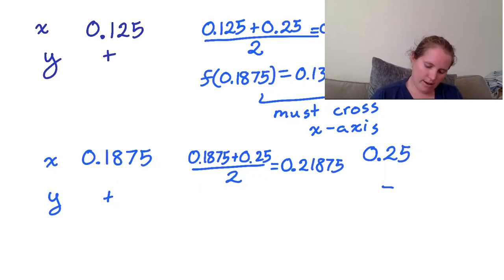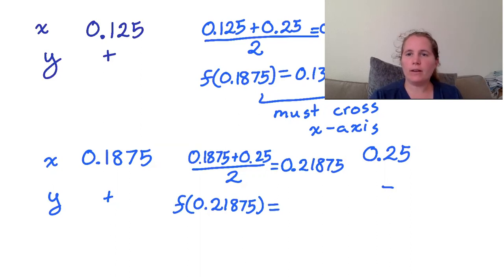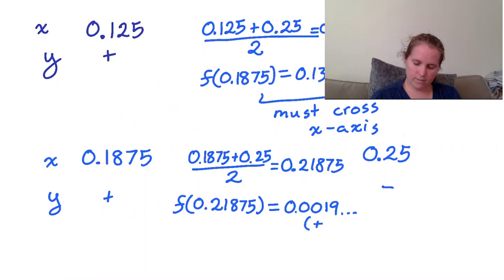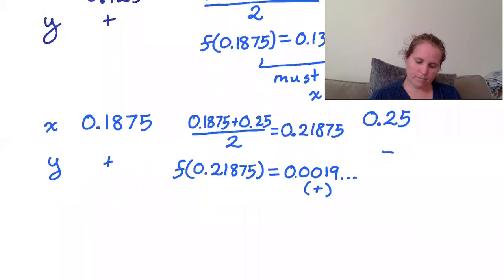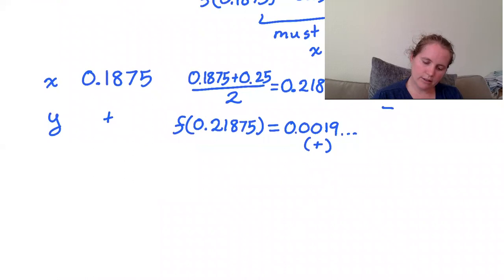And if we find that y value, we are now looking at a y value of 0.0019. So once again, still positive. I realized I forgot to change colors here.